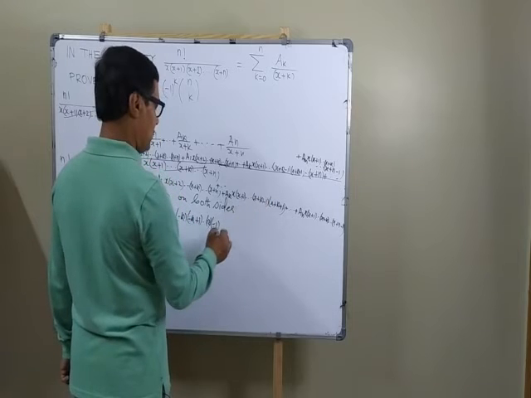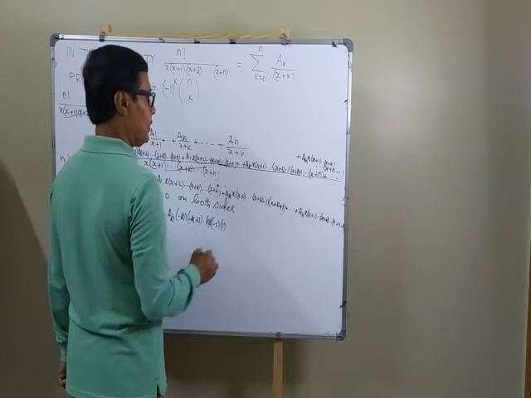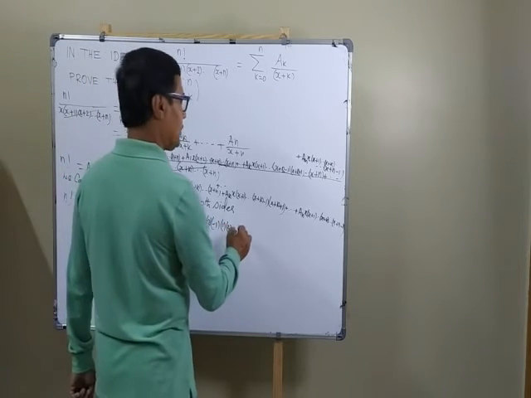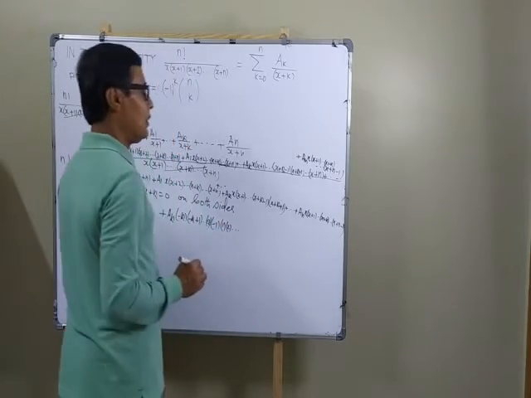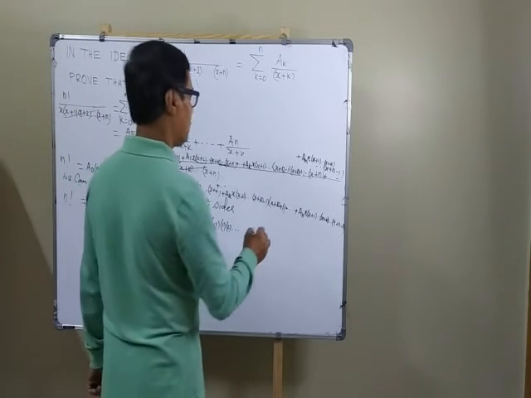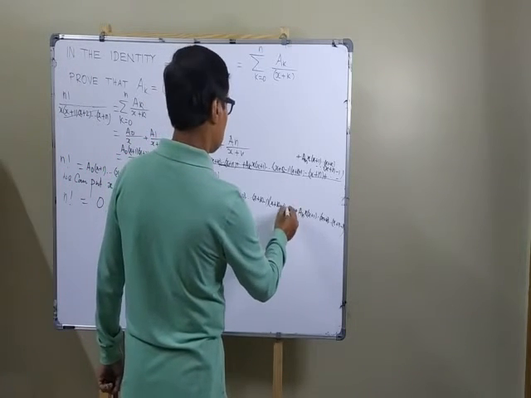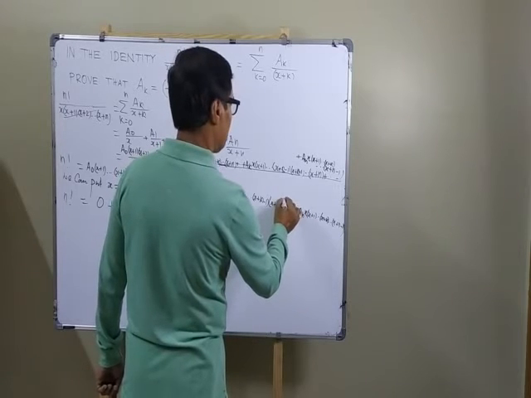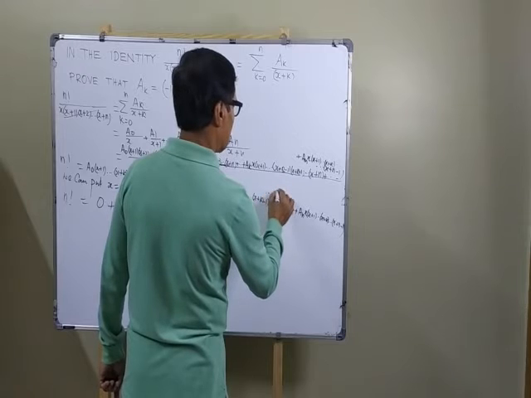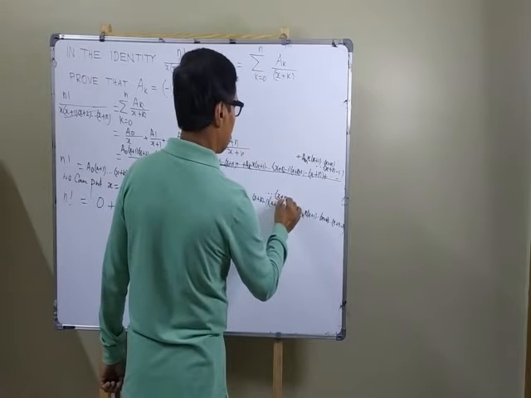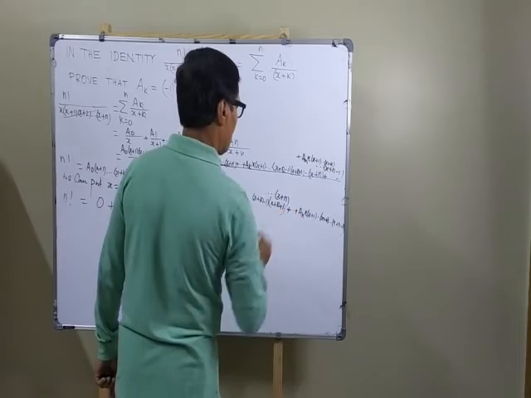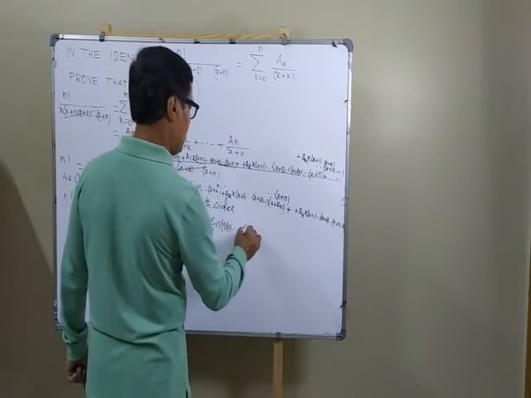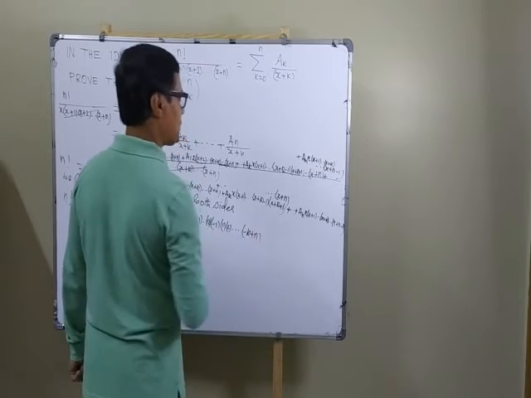The next term is plus 1, and its next term is plus 2 and so on. The last term is x plus n, so this is minus k plus n.